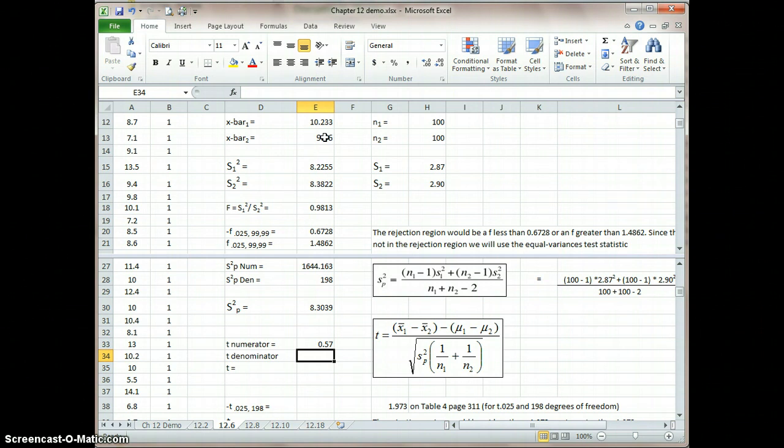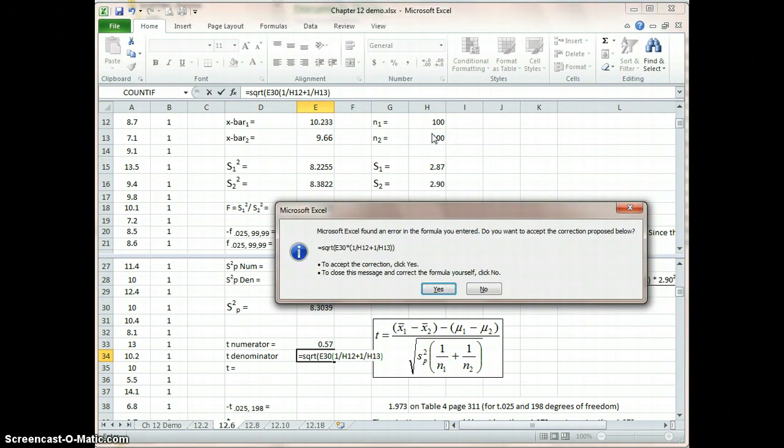For the denominator it's going to be equal to the square root of s sub p squared, the pooled variance estimator, times 1 divided by n1 plus 1 divided by n2, close parentheses.